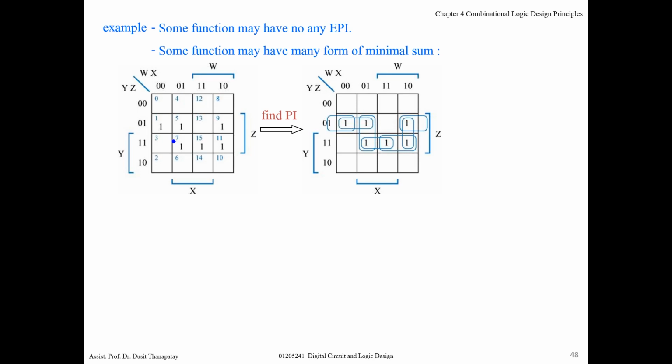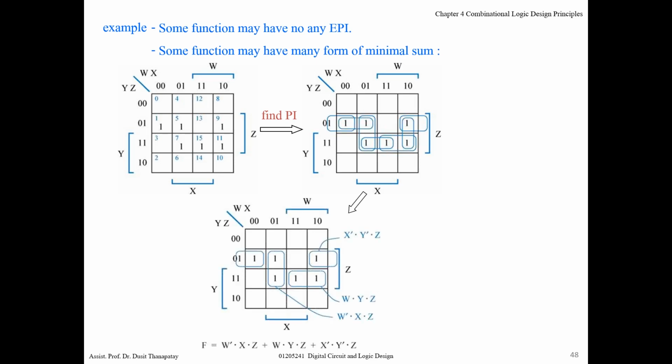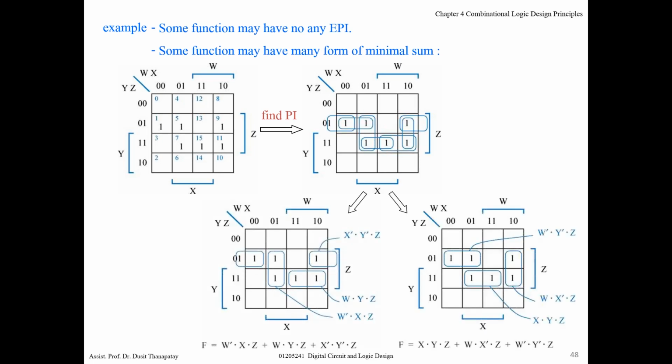So there is no distinguished one cell, so there is no essential prime implicant. To get the minimal sum, you may select this and this, or you may select this, this, and this. So there are two sets of minimal sum, not only one.